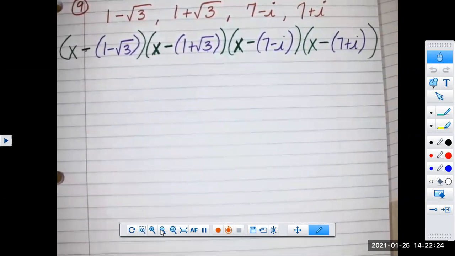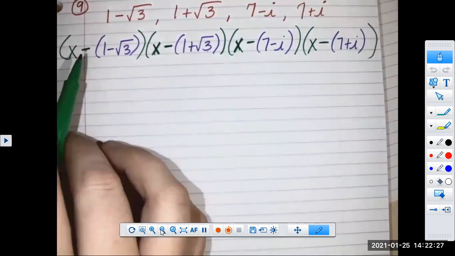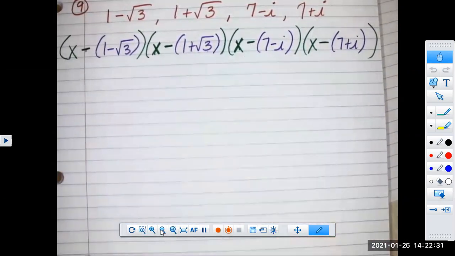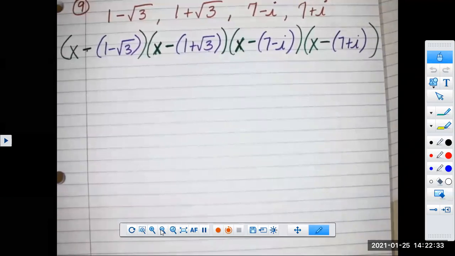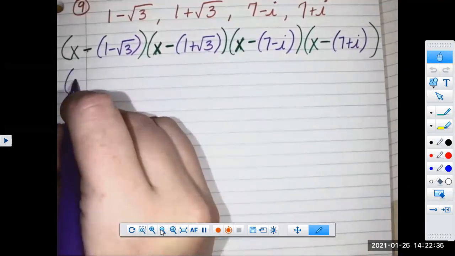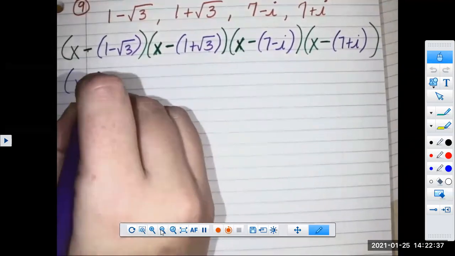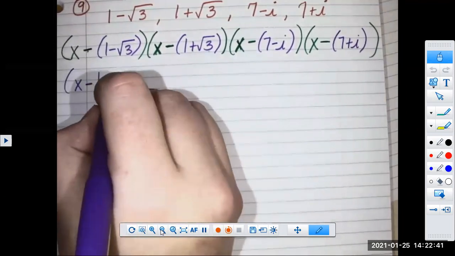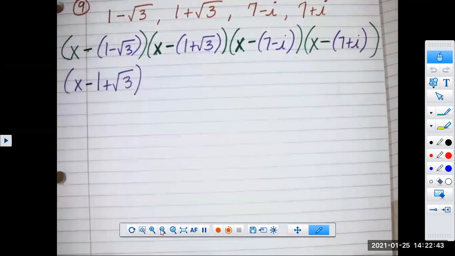Okay, now before we multiply, let's go inside and distribute those minus signs. So here you're going to be left with x minus 1 plus root 3.